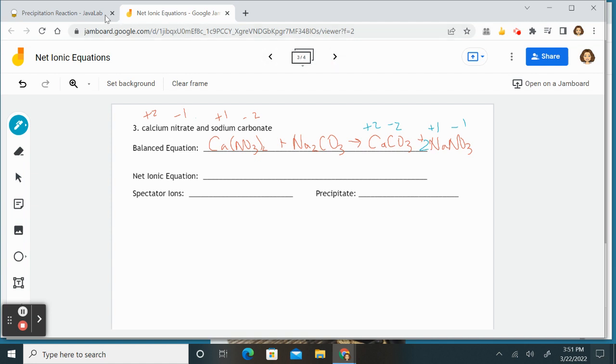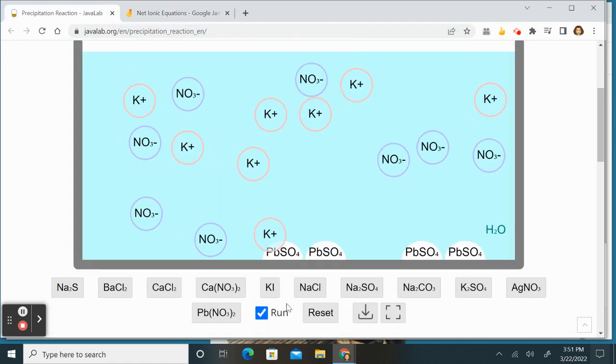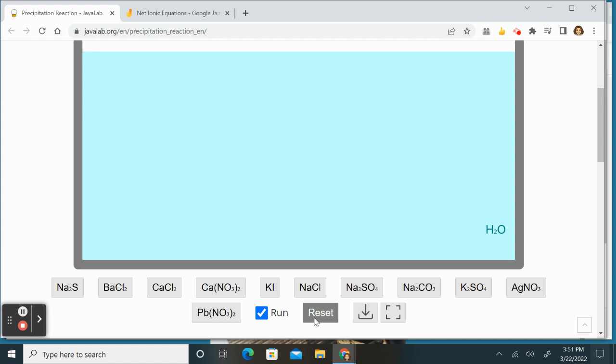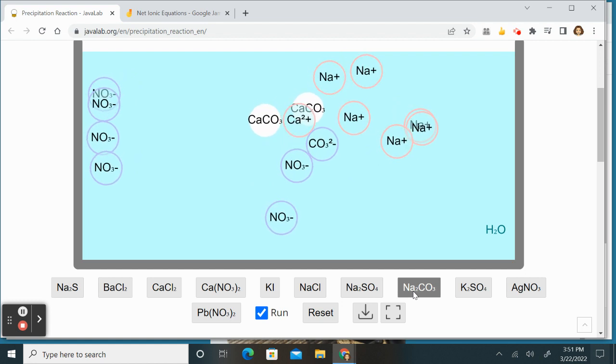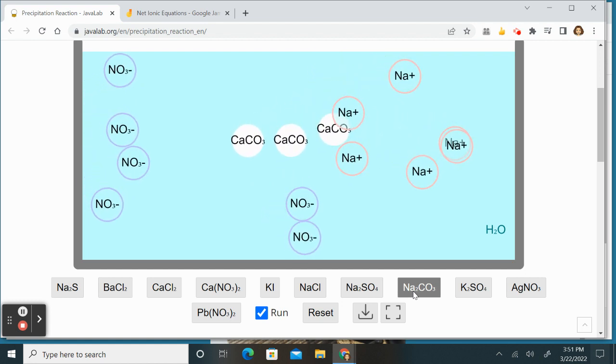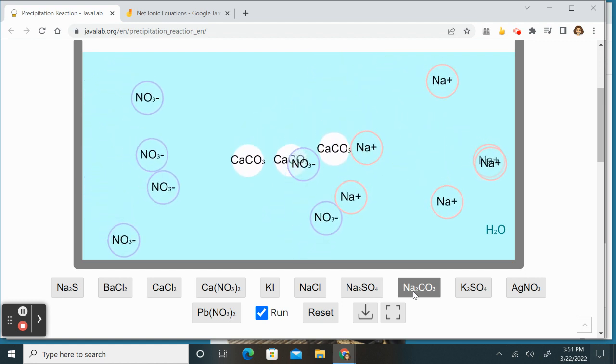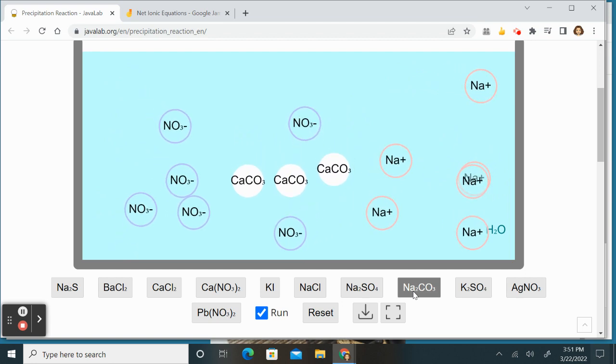All right, so let's put these in our simulation, see what happens. All right, so we have our calcium nitrate and our sodium carbonate. And we see that when the calcium interacts then with the carbonate, it forms that precipitate.